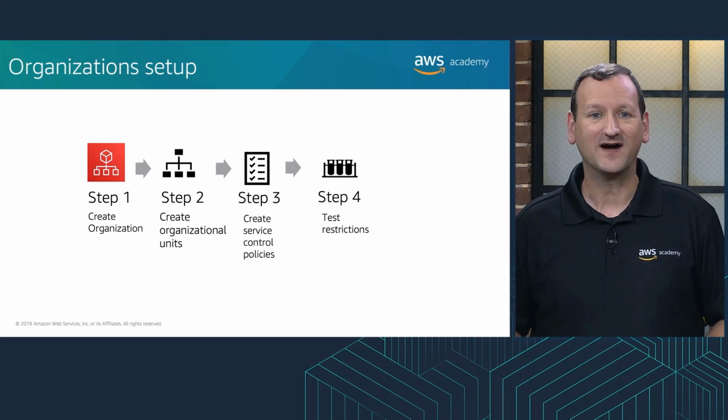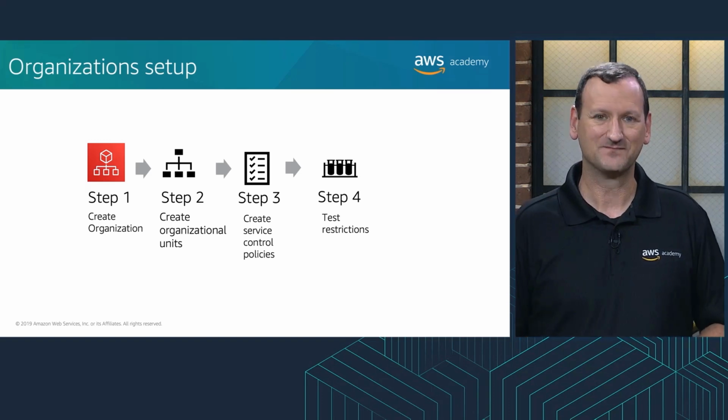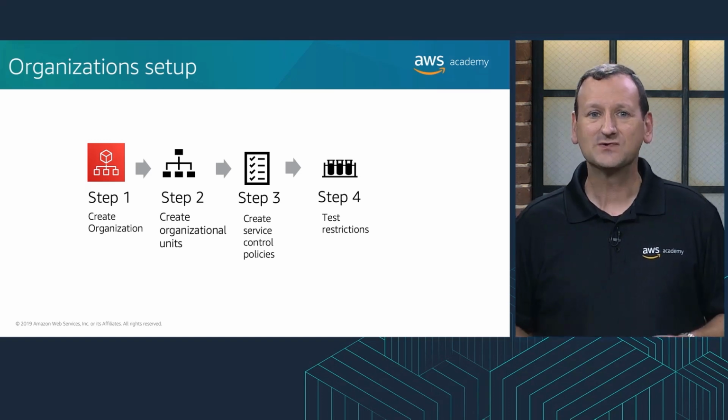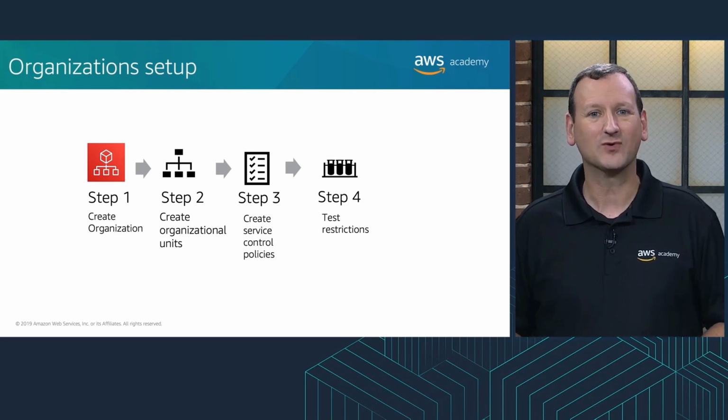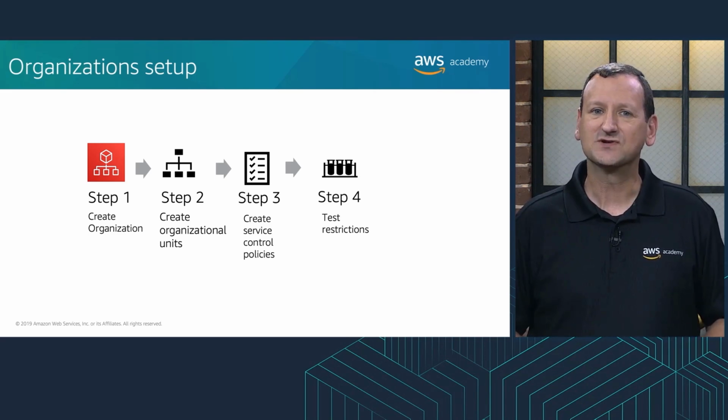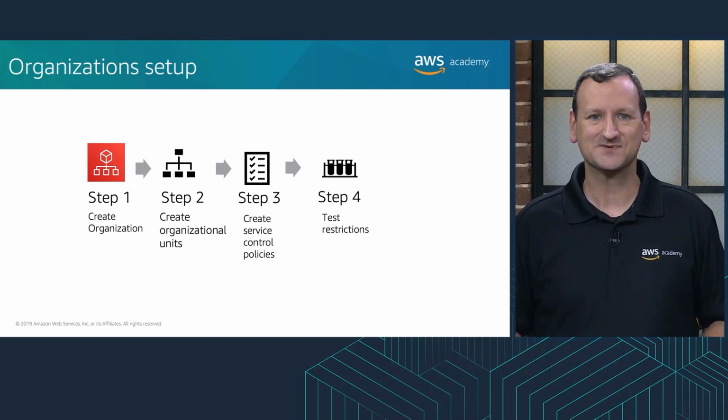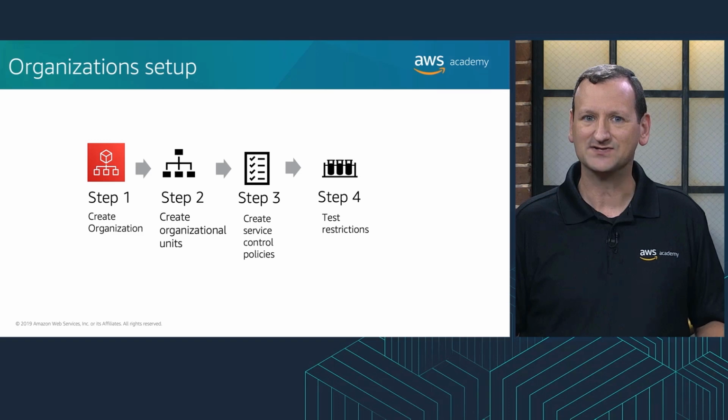You also invite one AWS account to join your organization and create another account as a member account. Step 2 is to create 2 organizational units in your new organization and place the member accounts in those OUs. Step 3 is to create service control policies, which enable you to apply restrictions to what actions can be delegated to users and roles in the member accounts.